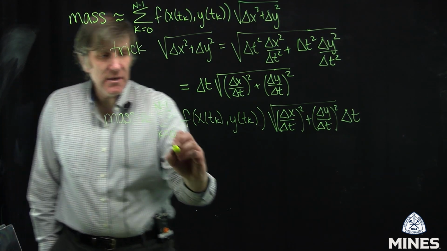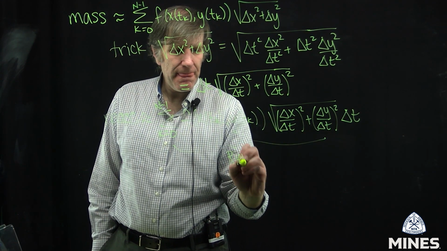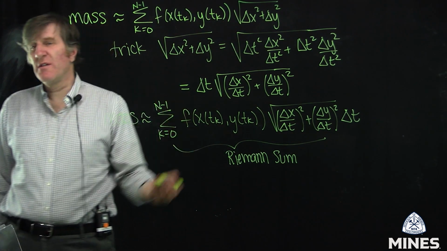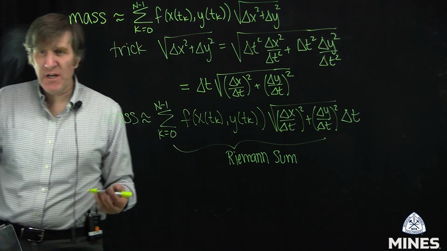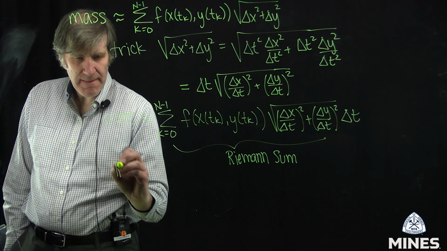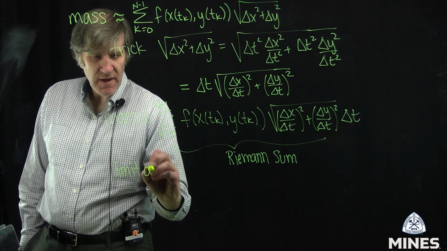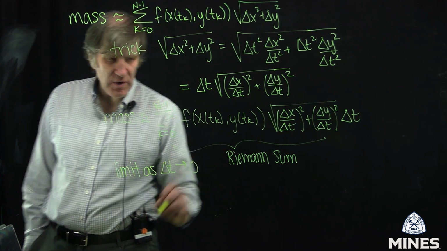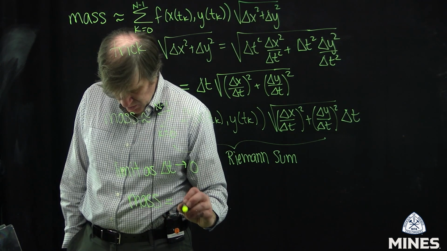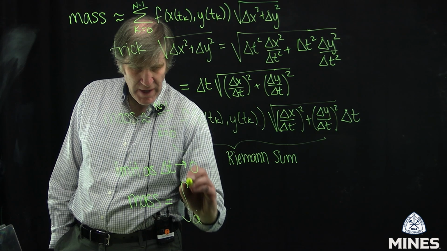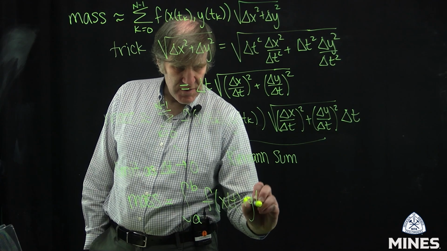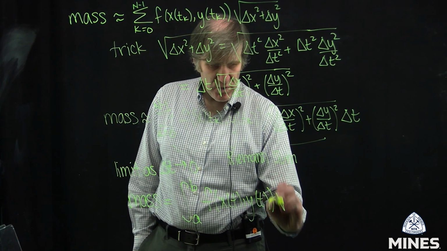Now, this is a Riemann sum. What do we do with Riemann sums? We take the limit as the number of intervals goes to infinity, and they become integrals. So we just take a limit as delta t goes to 0, and we get the exact mass is exactly equal to the integral from a to b of f of x(t), comma y(t), times the square root.